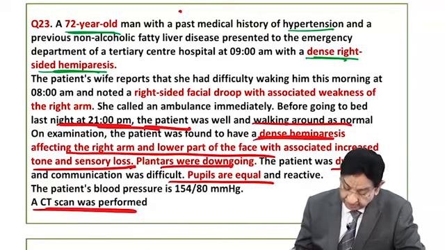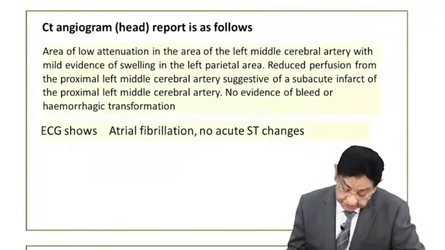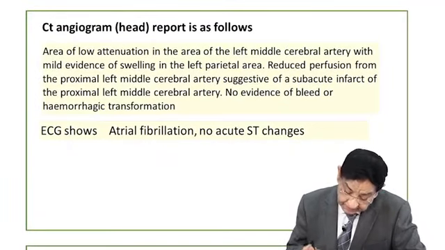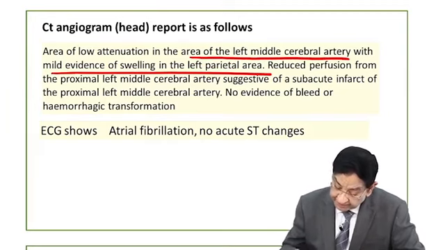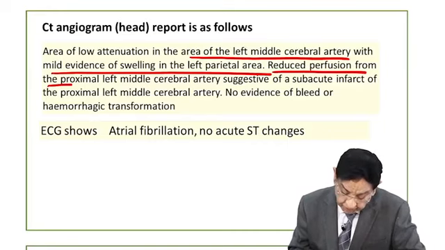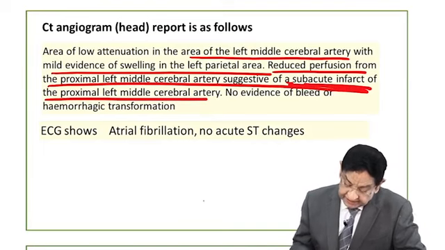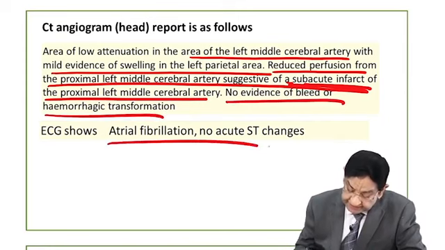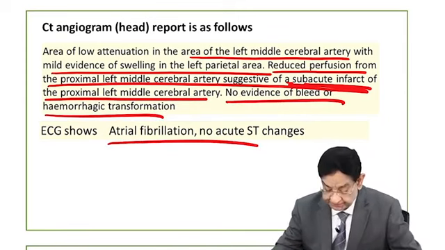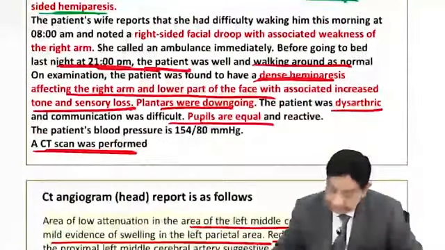CT scan is performed. It shows an area of the left middle cerebral artery with mild evidence of swelling in the left parietal area. Reduced perfusion from the proximal left cerebral artery suggests subacute infarction of the left middle cerebral artery. No evidence of bleeding. ECG shows atrial fibrillation. What to do with this patient?